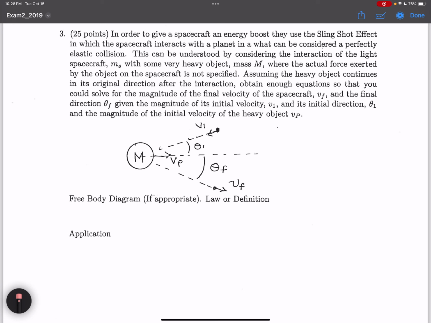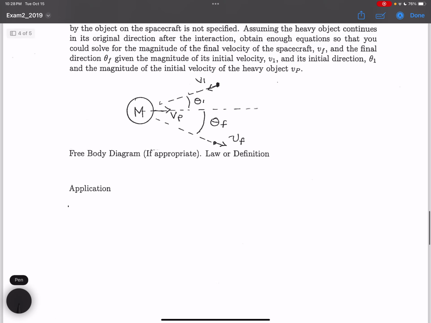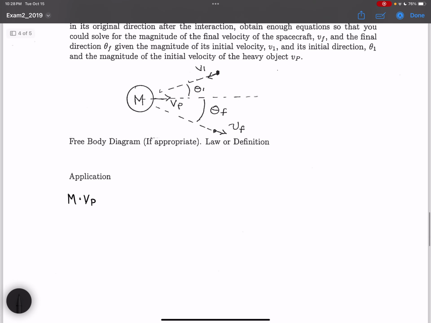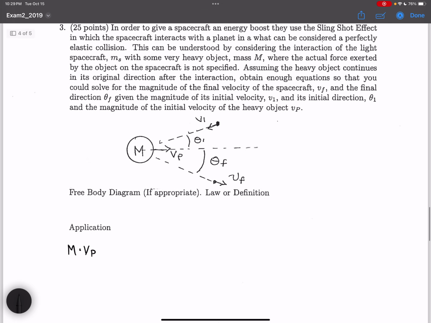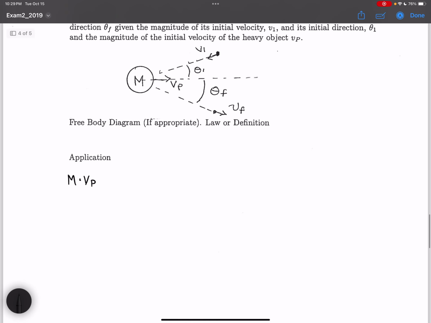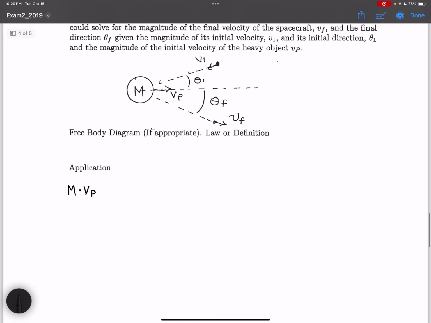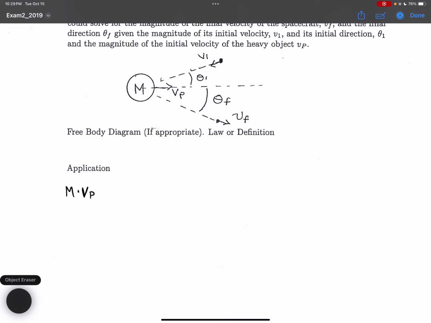What we want to do here is we know that the massive object has momentum, mass times velocity Vp. And since they're not getting attached to each other, we want to say that, okay, momentum in the system here, the conservation of momentum of this system.